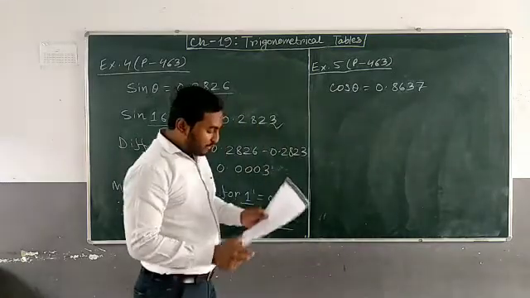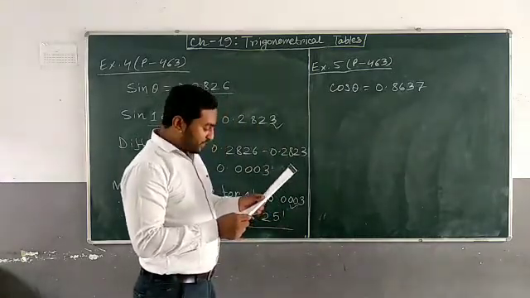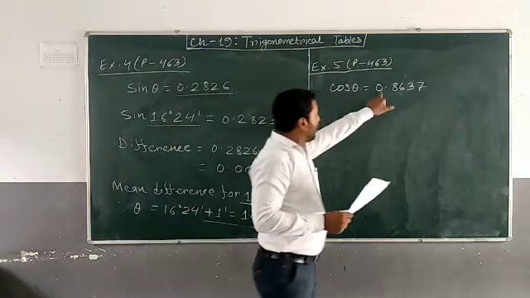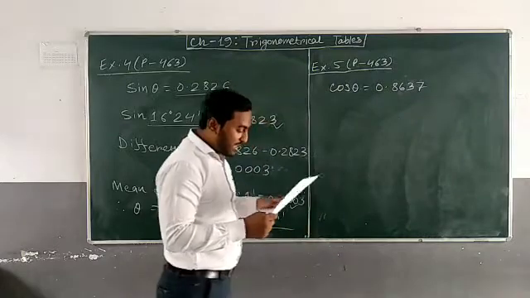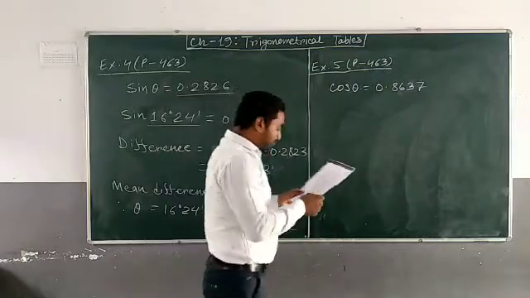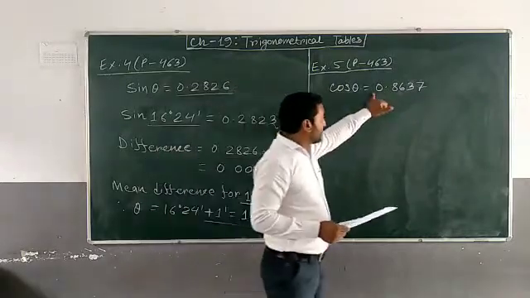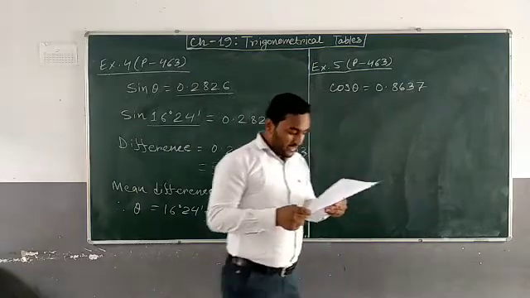So you have to see the nearest preceding value of 0.8637.